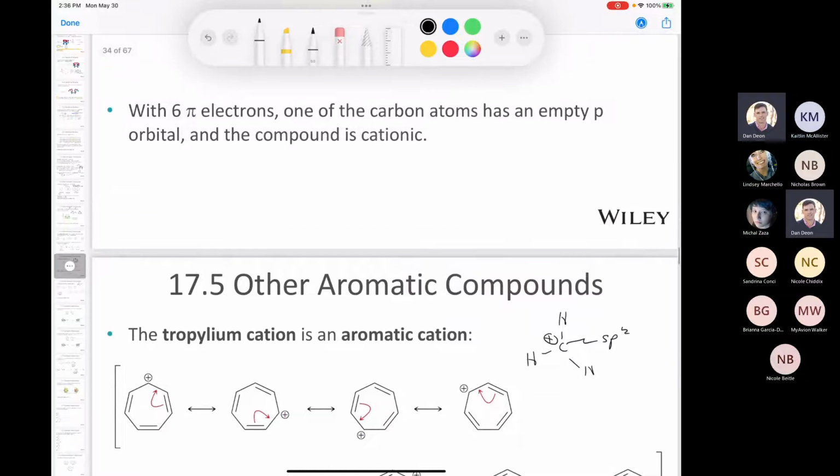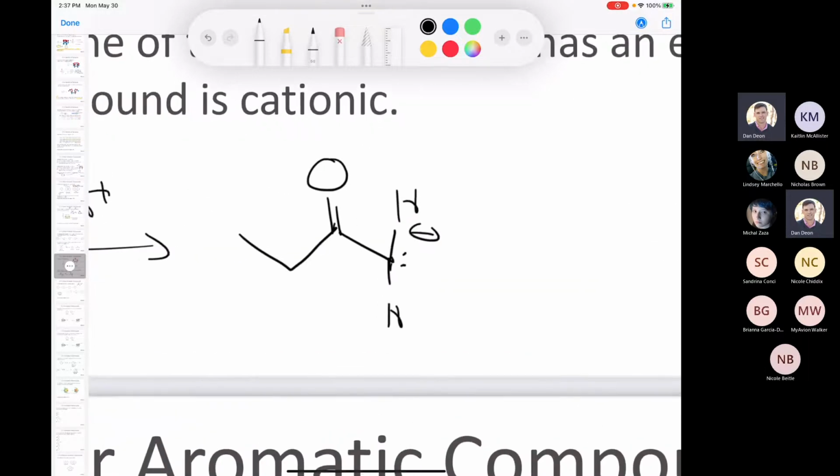But let's say you had something like this, and then you have 3 protons on here on acetone, and let's say you deprotonate that, you lose H plus, then you form this, okay? So like this. So we have 1, 2, 3, 4 regions of electron density, right?